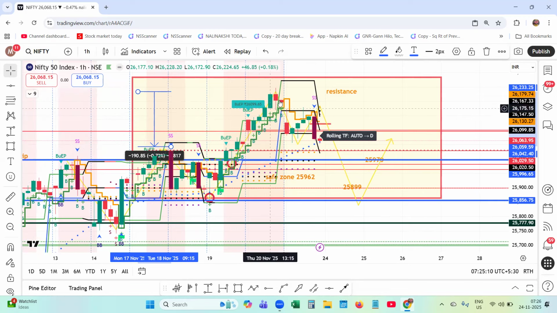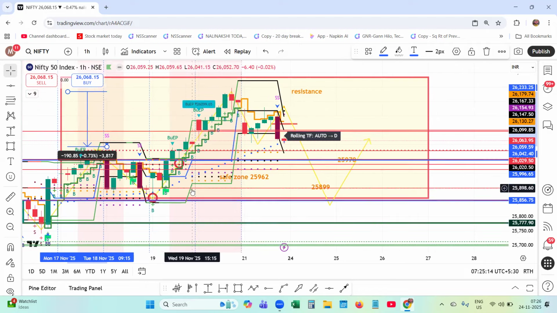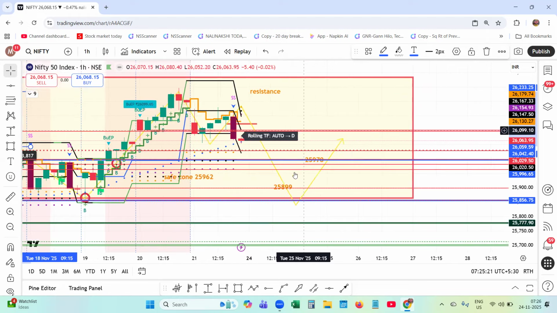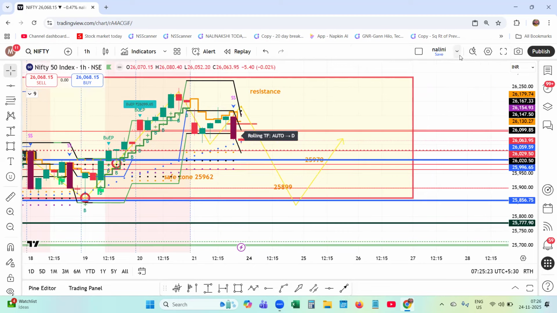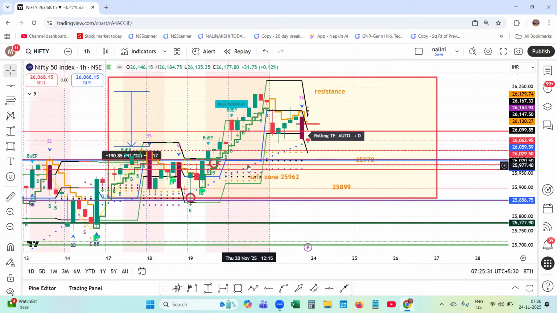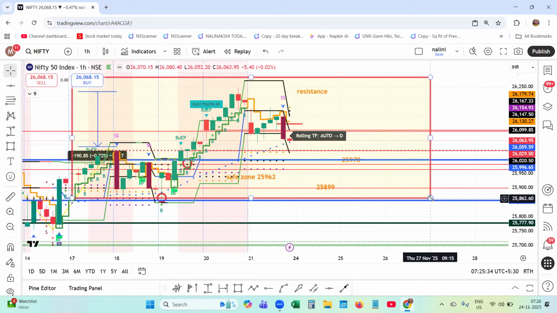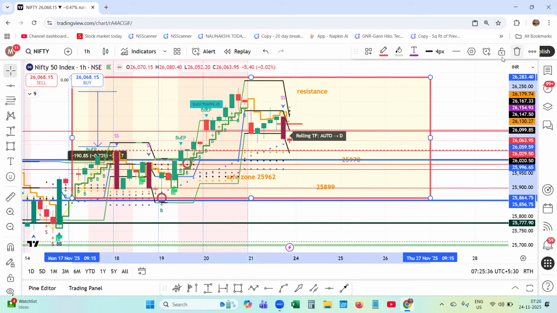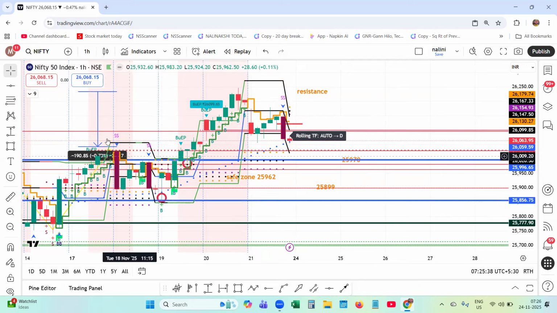This is the shorter time period GANN HiLo, and you can see the CPRs over here. The CPR at the top. Let me take out this trend line. Let me remove this trend line and let me remove this block so that you can see with clarity.